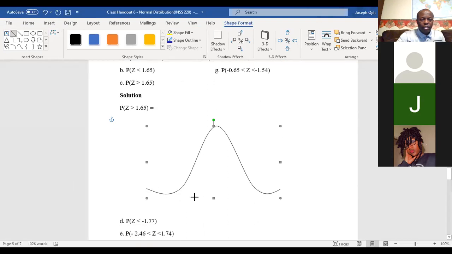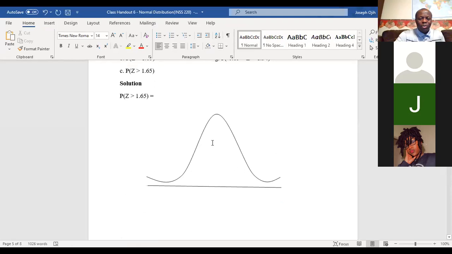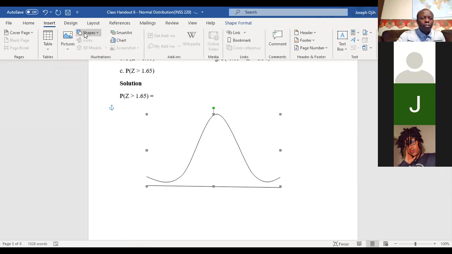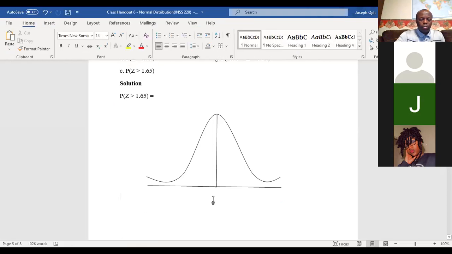Put the x-axis of the chart. My chart may not look good, but at least better than nothing. Now you can put the center, which is our 0.